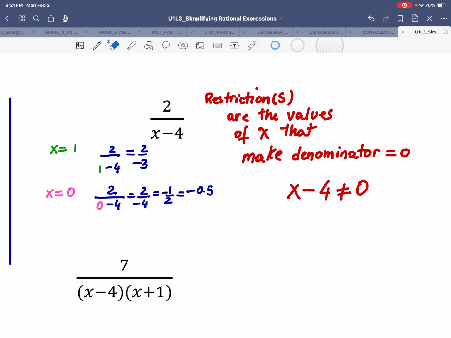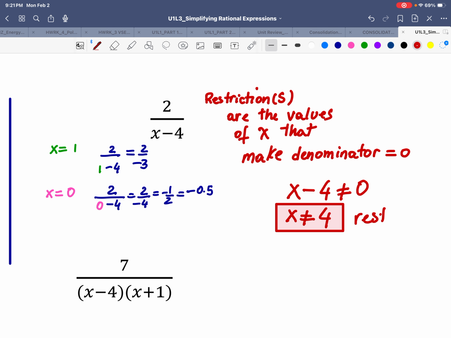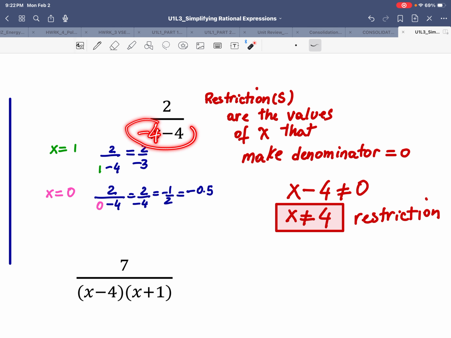When you solve this, you simply isolate the x, and you take negative 4 to the other side, and you're going to say x has to be different than 4. And that's the restriction for this particular expression. And if you're not convinced, just substitute x by negative 4 in here, and you see that 2 divided by 0.